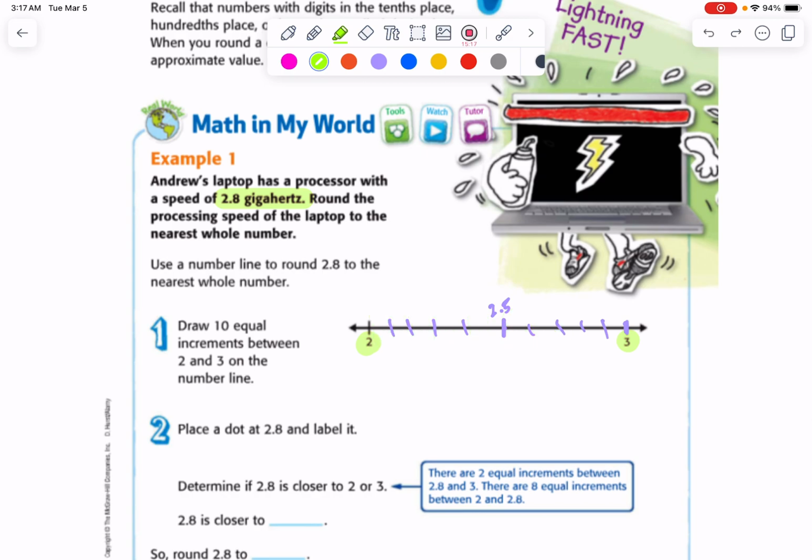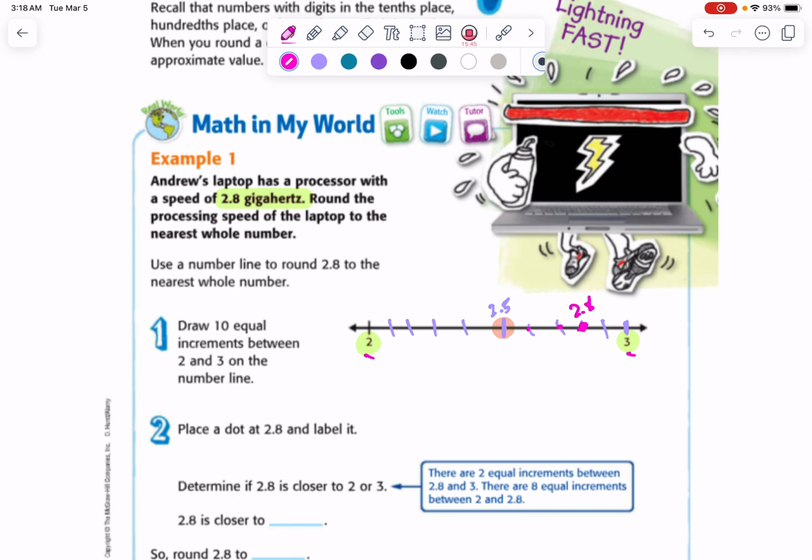Let me erase that highlighting so we can see a little better. All right, so now we need to put 2.8 on our number line, right? Let me change colors here. So here's 2.5. I'm going to count on from there. 2.6, 2.7, 2.8. There's my magic number, 2.8. Then we can just look, is 2.8 closer to 3 or closer to 2?